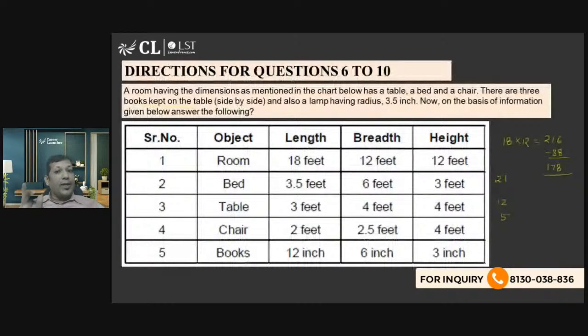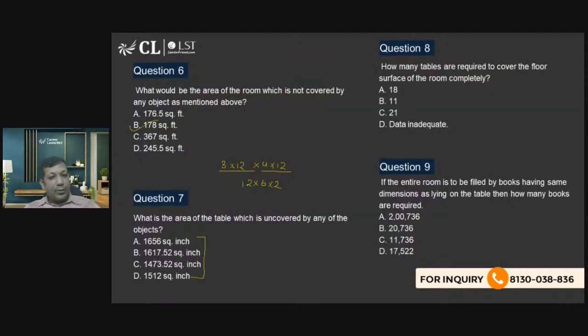As well as one lamp is also there. So what is the area of lamp? That is pi r square, r is 3.5, so 22 by 7 into 7 by 2 into 7 by 2. So cancel out, it is going to be 38.5.